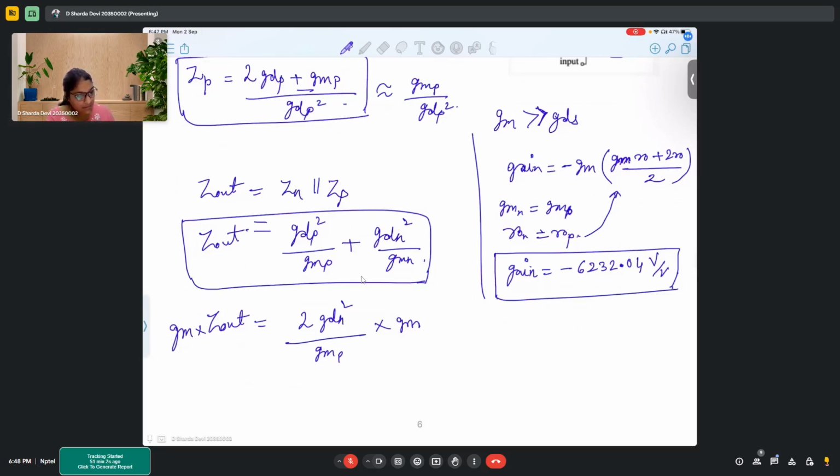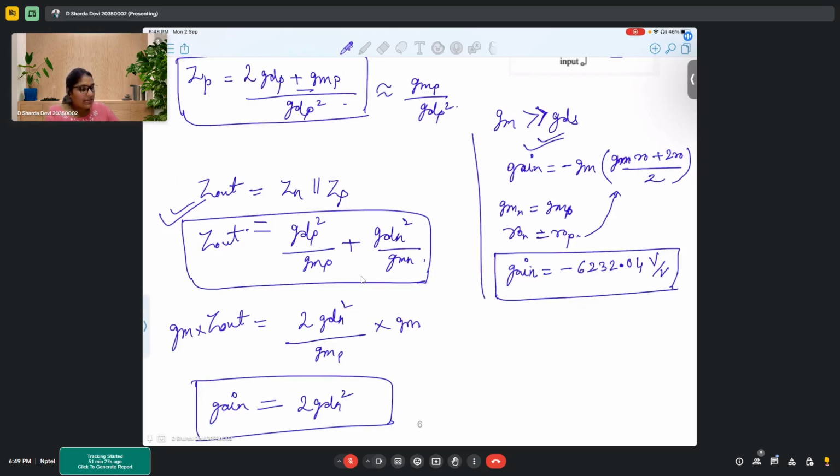So it becomes twice of GDN squared by this formula, GM into Z out. By using GM into Z out, the simplified formula turns out to be 2 GDN squared as gain. But if you go by this actual formula, then it gives you this value.